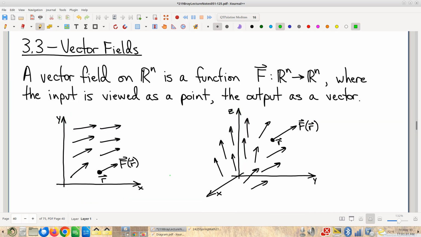What do I mean? I mean that at every point, such as that point right there, is an associated vector. And we typically draw the vector with an arrow whose tail is at the point in question. So you give me any point that I have in green there, like that green R. There's an associated vector drawn like so.